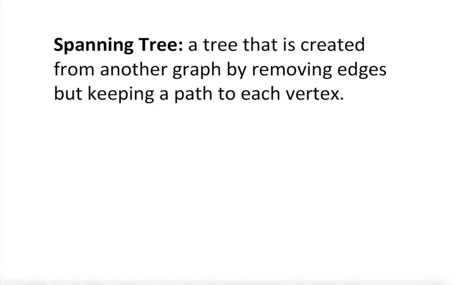Let's take a look here. I'm going to have this one here. This is a graph. By the way, this is not a spanning tree. In order to find a spanning tree, we can actually just remove one edge. Just remove one edge, then it's going to be a spanning tree.